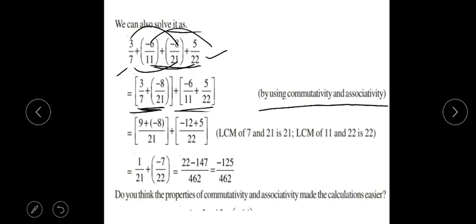So we added these 2 numbers first and then these 2 numbers. Taking the LCM of these 2 numbers is easy, and solving them is quite easy as compared to the previous method. So this is how the properties are used. This makes the whole thing easier.